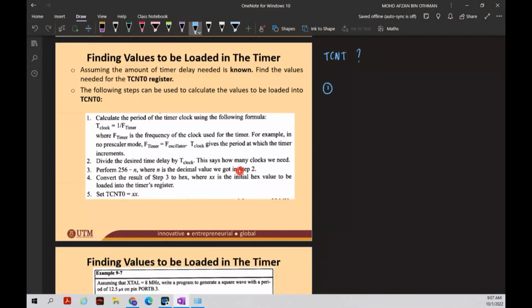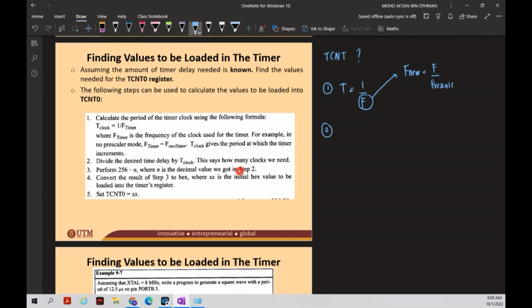The first one is period T equals 1 over f, where f new equals f divided by your prescale. If there is no prescale, the prescale value is 1, so f divided by 1 gives you the same f. If you are using the prescale, you need to divide this f by the new value to get the new clock f, and then you find the period for this f. So this is the first equation.